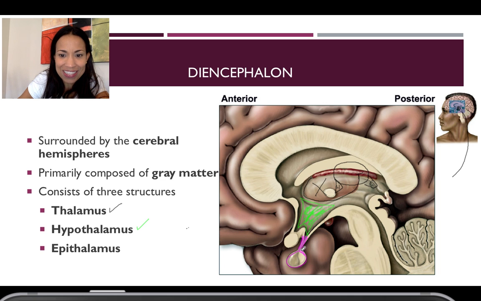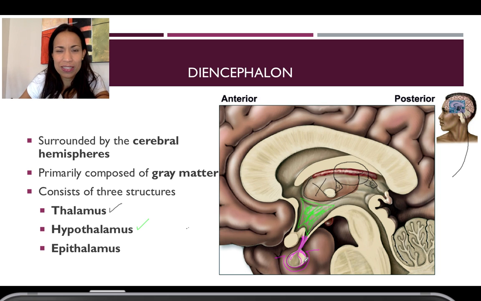We have described this before. This is the hypophyseal, the pituitary gland, which, do you remember, sits in the sella turcica of the ethmoid bone. This is the pituitary gland. It's connected with the hypothalamus.